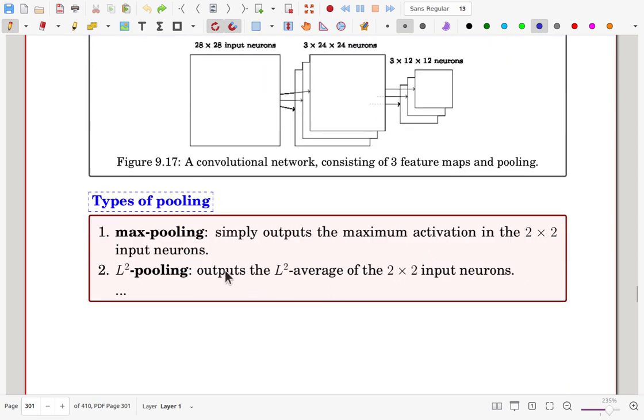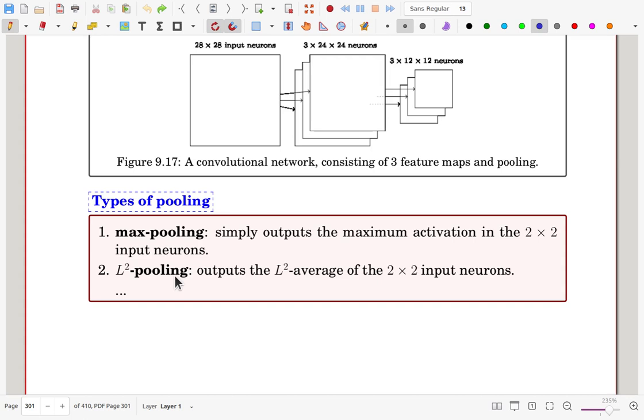Here, types of pooling: there are 2 most popular ones. Max pooling means that out of 2 by 2, you take the maximum value. And L2 pooling takes the L2 average of the 2 by 2 values.